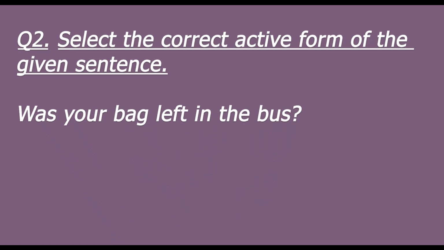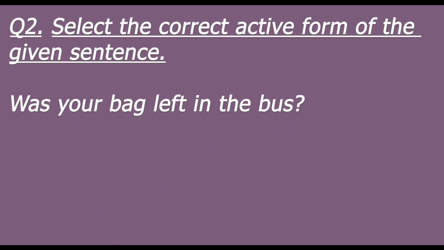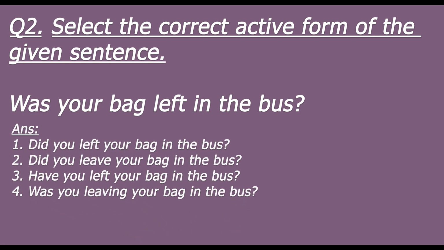Next sentence we take: was your bag left in the bus? So here you see the same rule is applied here also. Was your bag left in the bus? So you have to now give the answer in the active form.